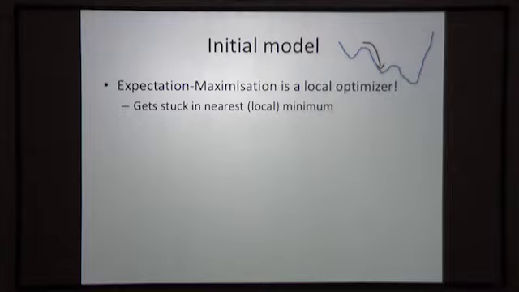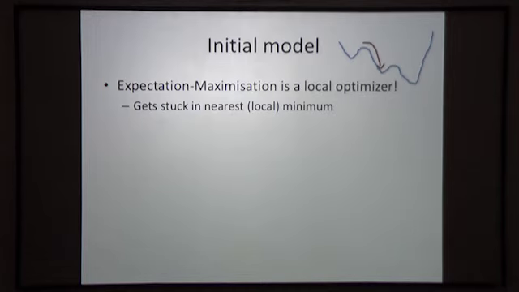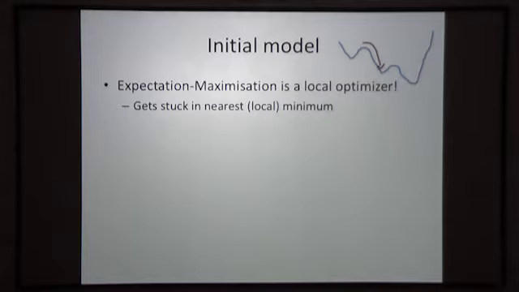Now it's important to realize that this algorithm, which I've now gone over several times, this iterative algorithm of getting better orientations and then better averages, etc., is a so-called expectation maximization algorithm. It is a local optimizer. So it will converge to the nearest local minimum, and if your energy landscape is complex, that local minimum might not be what you're actually looking for.